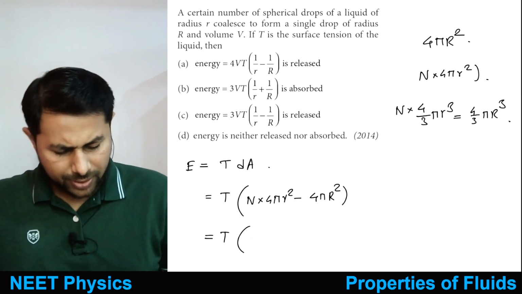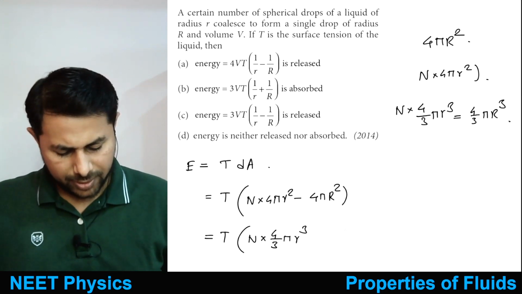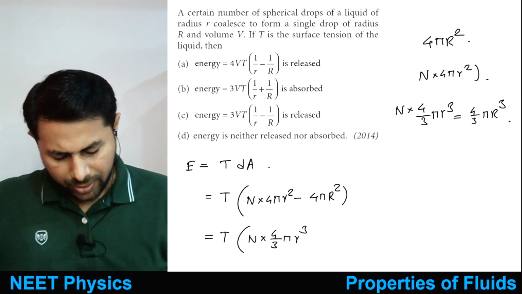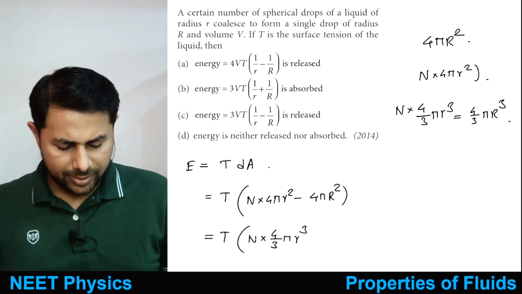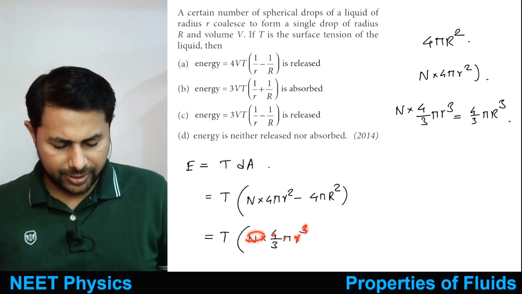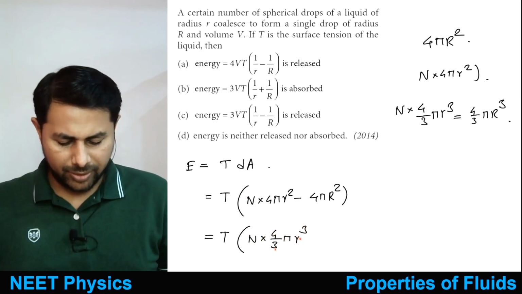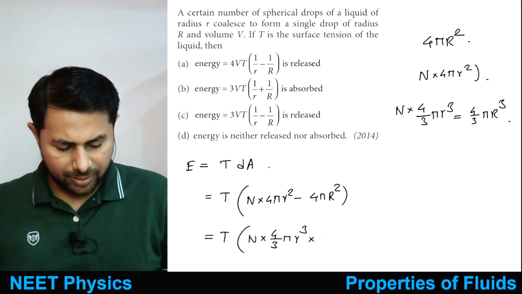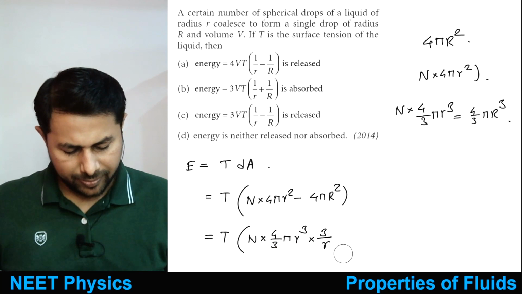So it is n multiplied by 4 by 3 pi r cube. n times of 4 pi r square was already there, so I have multiplied by r and divided by 3, and 3 by r will remain there.